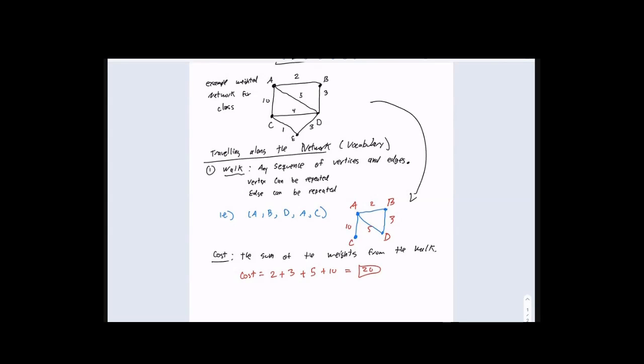So this says I'm starting at A. Another notation that you might see is A arrow B, arrow D, arrow A, and arrow C. Both of them are okay in terms of our notations when I'm going to ask you to find different particular walks.